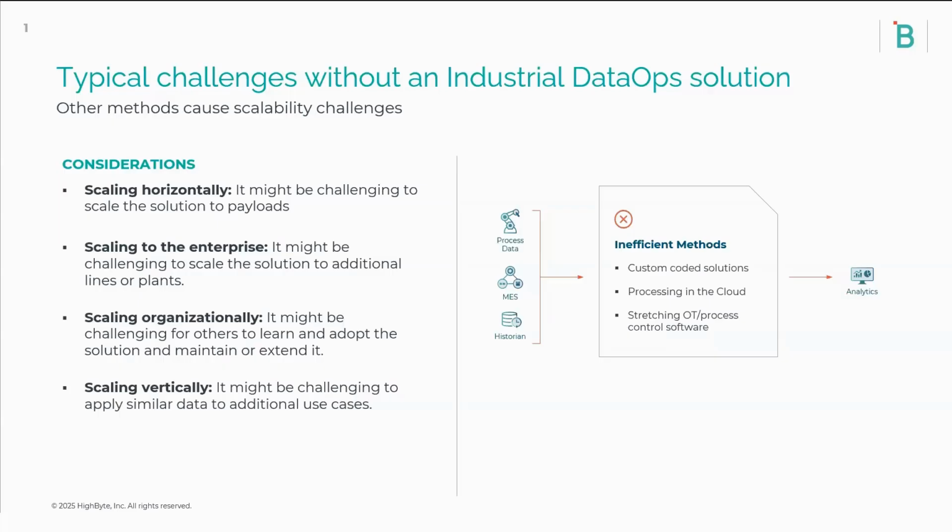So I would say monolithic solutions that were developed for a small scope of a use case end up having a lot of development hours and custom code, building monolithic solutions that are not easily scalable and maintainable over time as you start to achieve your use cases and ambition of many sites. This can be most noticeably seen in stretching SCADA or historians or even IoT platforms beyond their intended use to try to fit data ops use cases into those solutions. Yeah, we see that all the time.